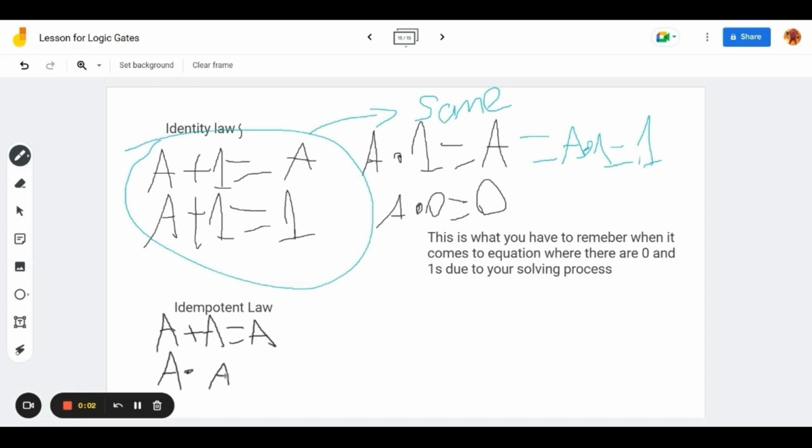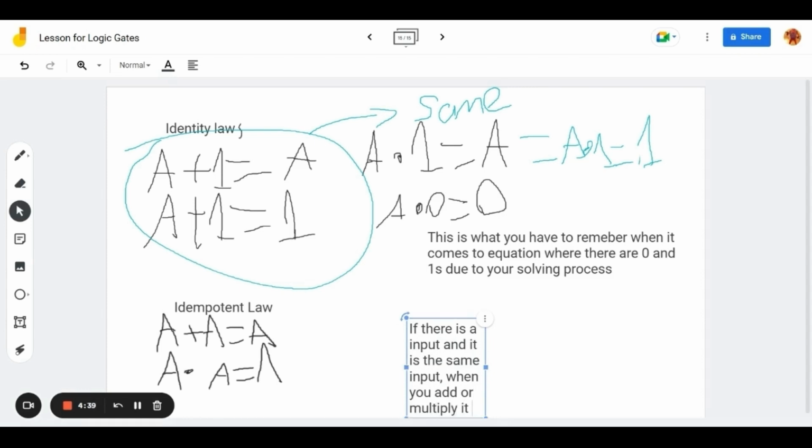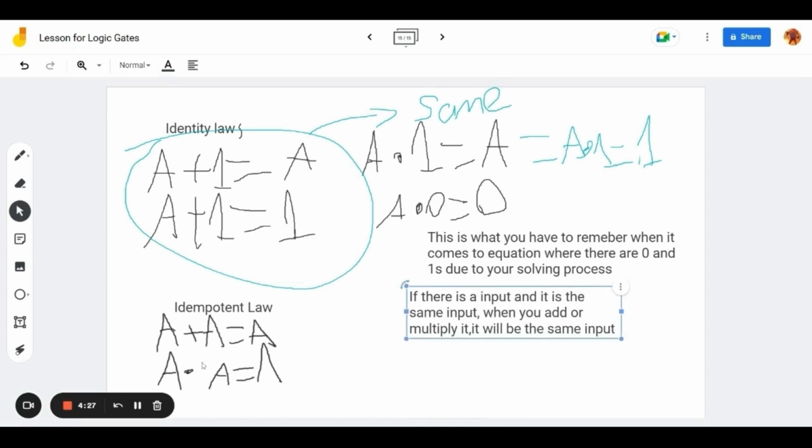So same thing, A times A equals A. So basically what the idempotent law does is, if there is an input and it is the same input, when you add or multiply it, it will be the same input. As you can see here, A plus A equals A and A times A equals A.